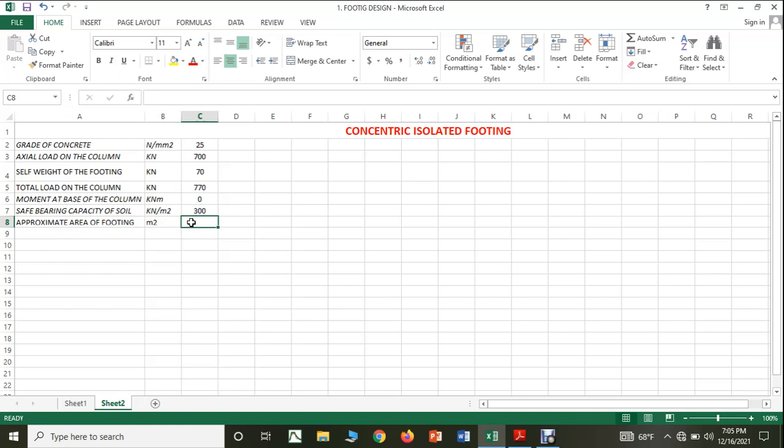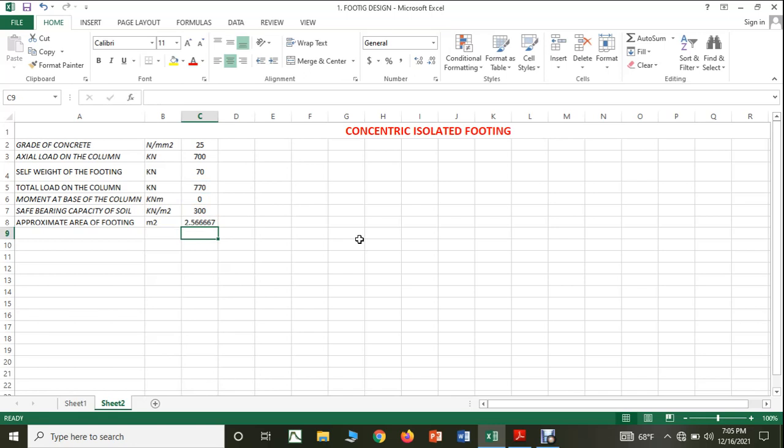So how do you get the approximate area? The total load of the column divided by the safe bearing capacity. Therefore, I can give the formula equals, I need this divided by safe bearing capacity 300. I'll close the bracket and enter. That will give you 2.566.